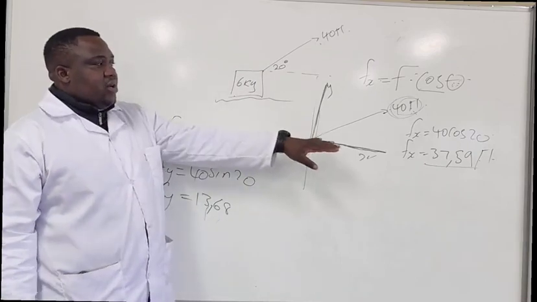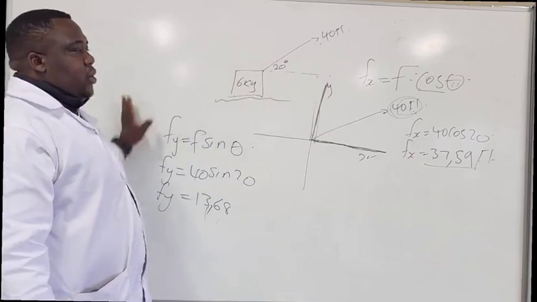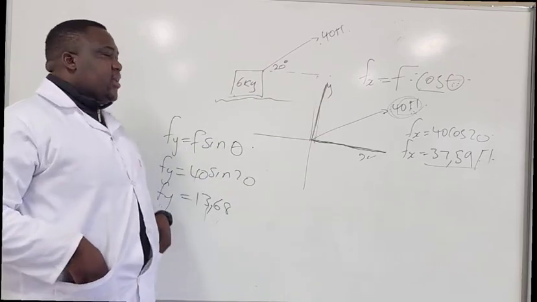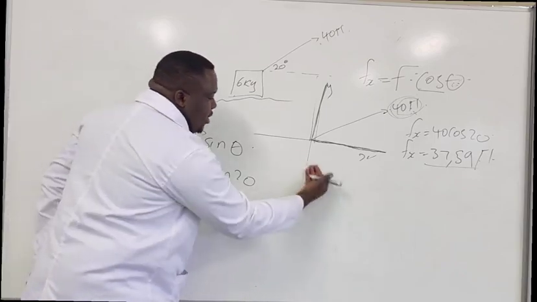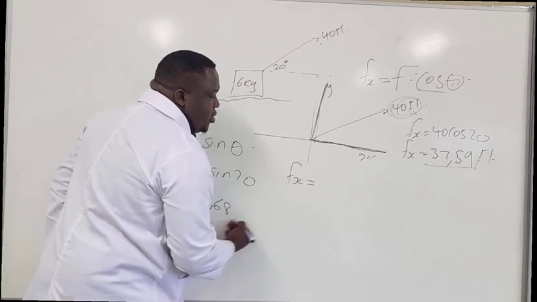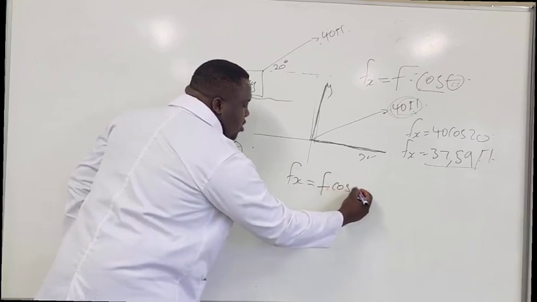Okay, so this is very important. It's very important for us to be able to understand how we resolve into components. Since I've shown you how to resolve into components, I can just recap with you. To resolve into the horizontal component, you just say Fx is equal to F cos theta.